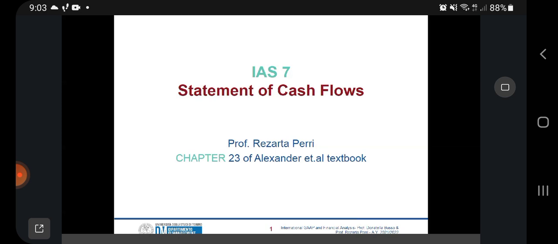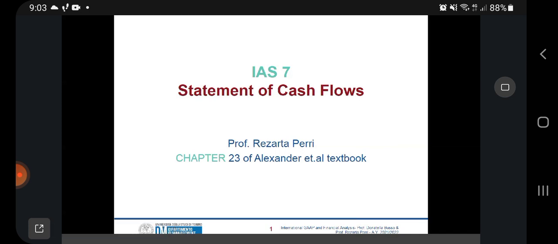And also there is the statement of changes in equity and retained earnings. About these first three statements you have already discussed, but you have not discussed in detail the statement of cash flows: the representation, the format, the layout, and what is more complicated, the way that we prepare this statement. How we prepare the statement of cash flows.